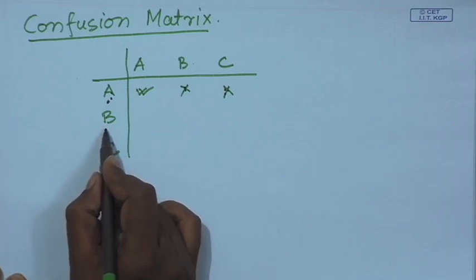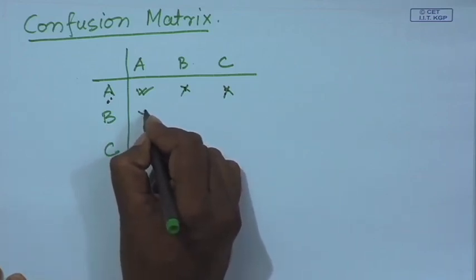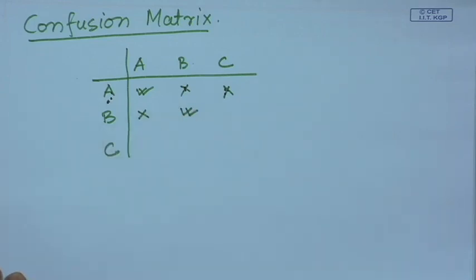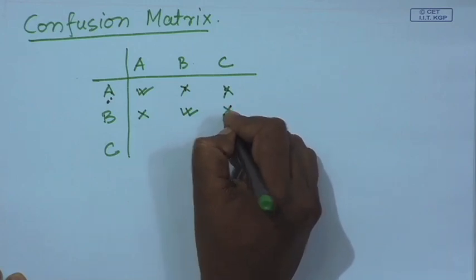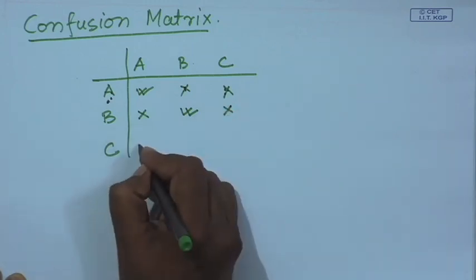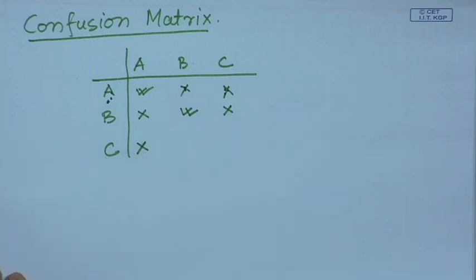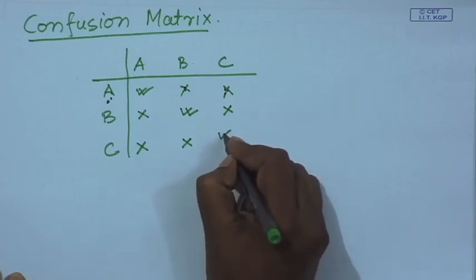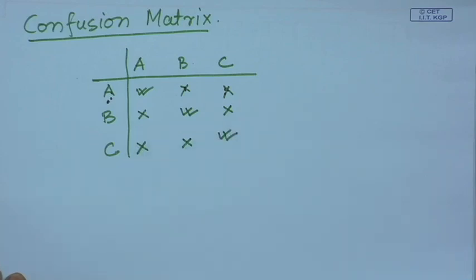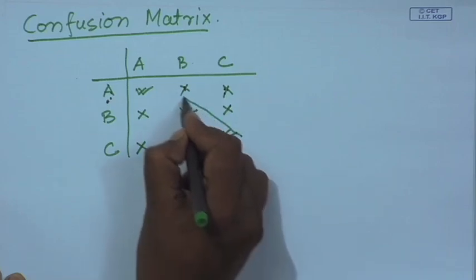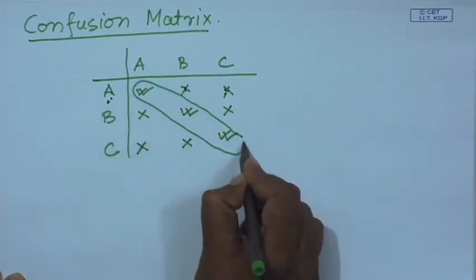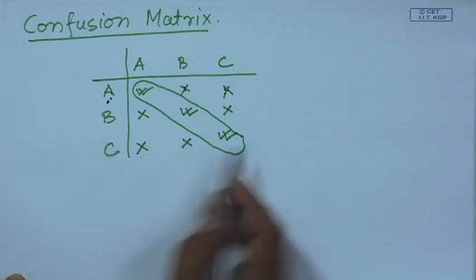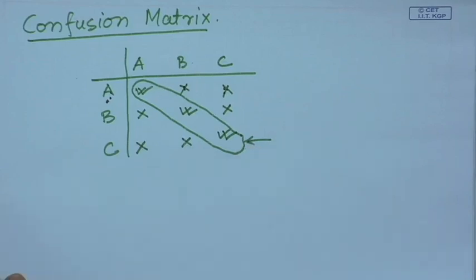Similarly, how many samples belonging to class B have been falsely classified to class A, how many have been correctly classified as class B, how many have been falsely classified as class C. Similarly, for class C, how many samples belonging to class C have been falsely classified to A, to B, and how many have been correctly classified as class C. So, you find that the diagonal of this confusion matrix actually gives you how good your classifier is, because this is what represents the number of correct classifications.